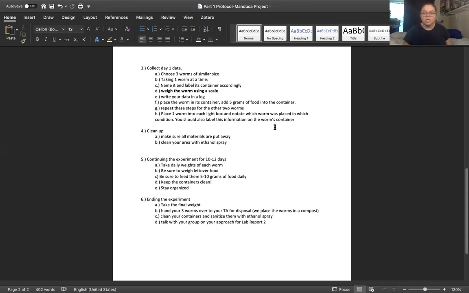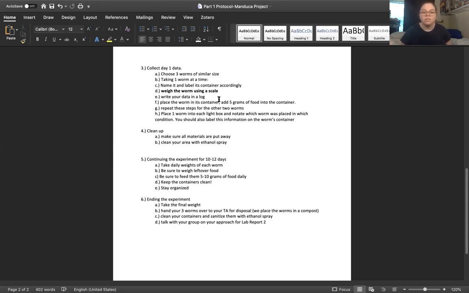And essentially it'll be a column that has Mary worm 1 under light conditions, and then a row that says day 1's weight was 3 grams. Day 1's feeding was 5 grams of food. And then it's day 1, so there's no leftover food. This is the very first day. So that's the kind of data that you'd be collecting and writing into your log.